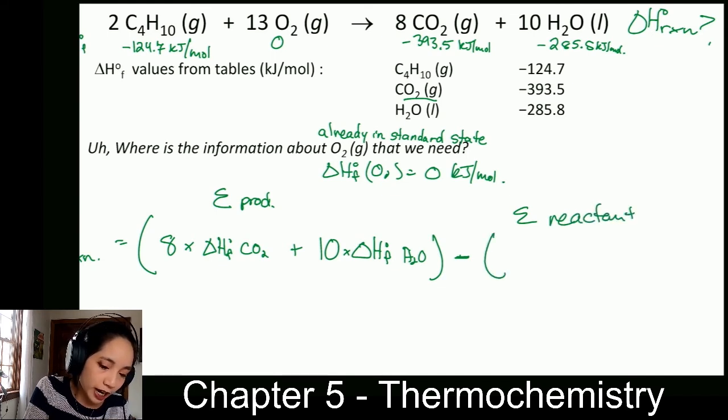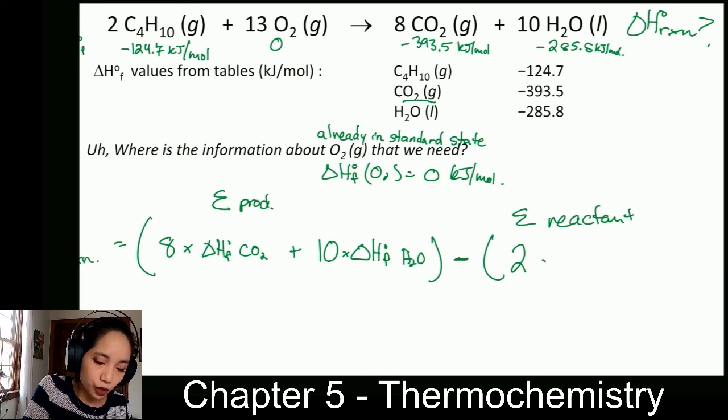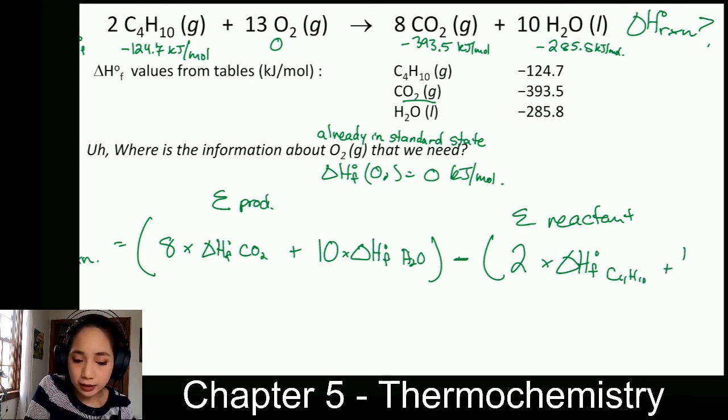So the sum of the reactants is 2 because of the coefficient of 2 in front of butane. Is that what this is? Yeah, butane. 2 of the delta H's of formation of butane, C4H10, plus 13 of the delta H's of formation of oxygen. But remember, this is 0, so that's nice that it just cancels out and you don't have to worry about it. Right?